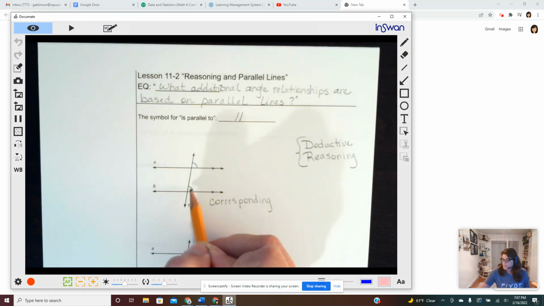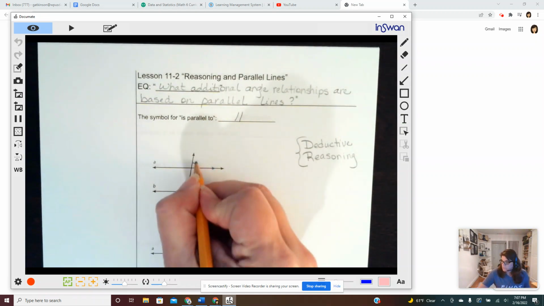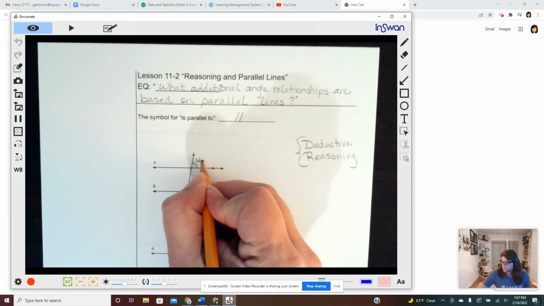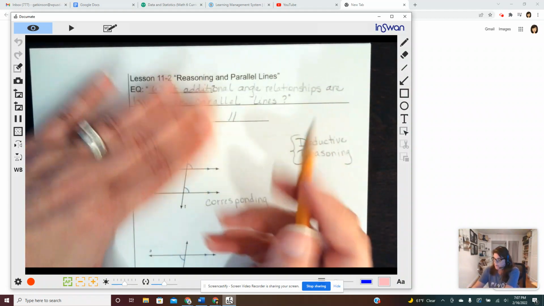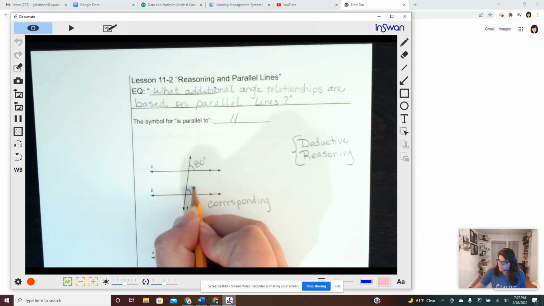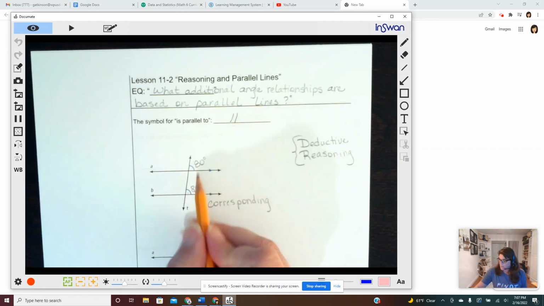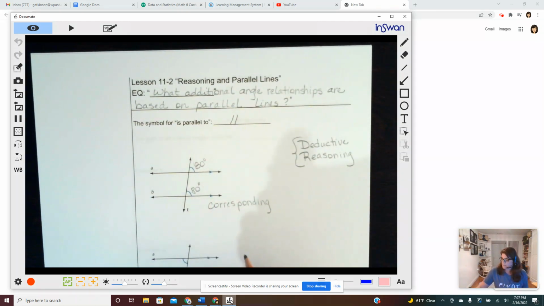And if the corresponding angles have the same measurement, let's at least do something reasonable, and okay, these are 80 degrees, then the lines must be parallel.